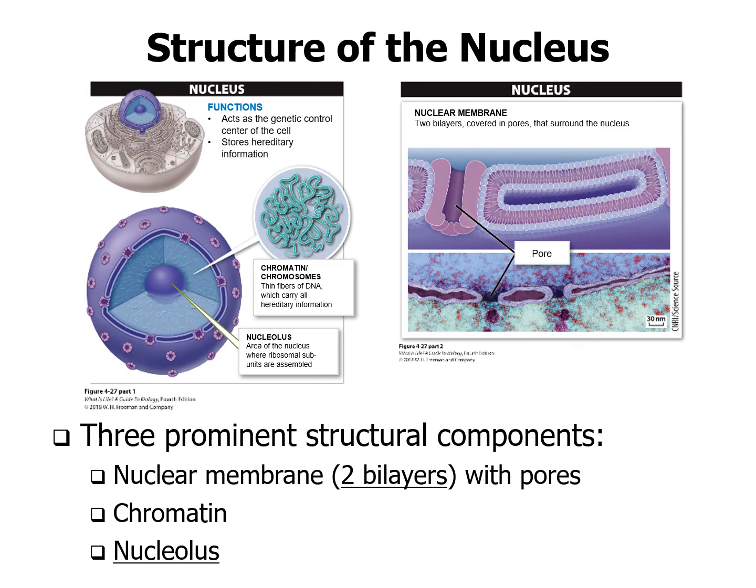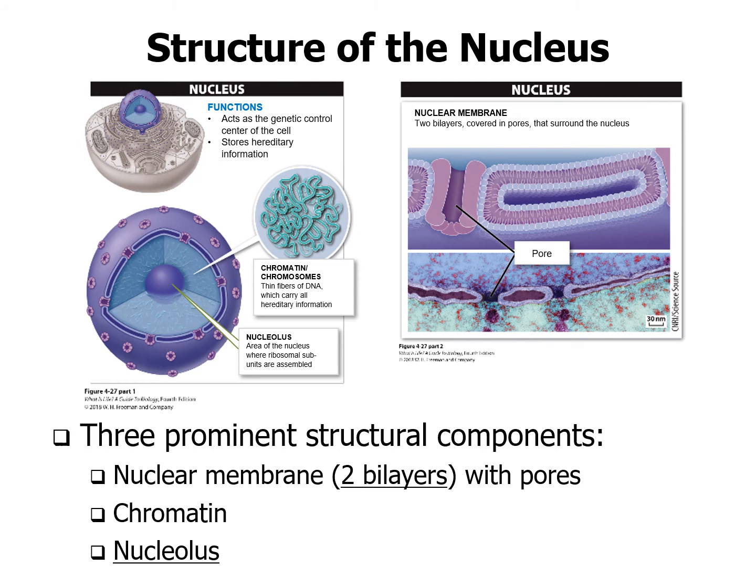The structure of the nucleus has three parts. So the nuclear membrane, which is two bilayers that also contain pores, so ways for things to enter and exit. It's going to also contain chromatin, which are thin fibers of DNA which carry all hereditary information.